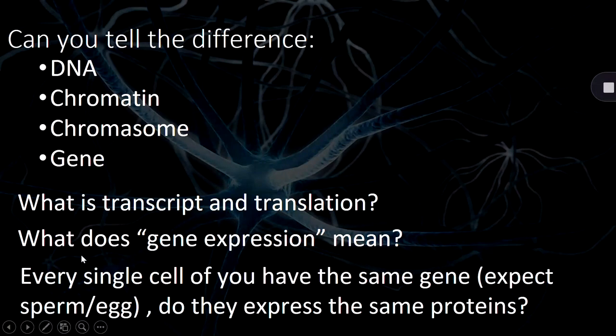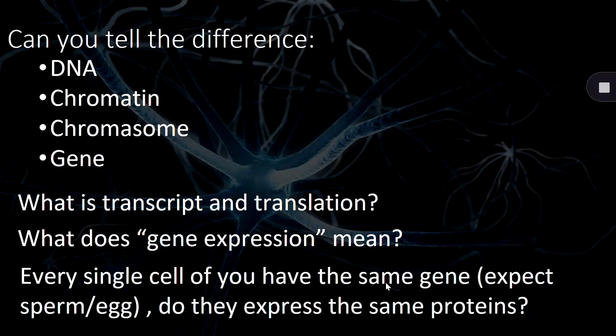Okay, what does gene expression mean? Gene expression means we are making a piece of protein based on a piece of DNA. So when we say the gene is expressed, it means that the cell is making some protein based on that gene. Here's a question. Every single cell of you has exactly the same genes.